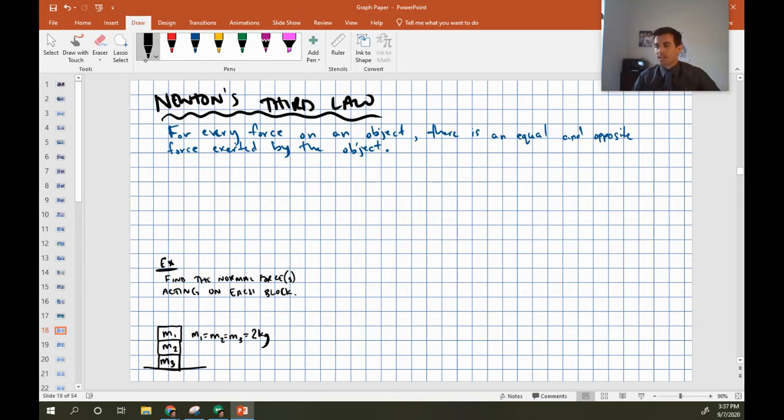So to illustrate that, let's do a quick, simple problem. Let's just go back to that apple that I had sitting on a table. Actually, it was sitting on a book or something, but whatever. We'll just put that apple on the table and let's draw the free body diagram for it. Here's my apple, here's my table. So on the apple, we have two forces. We're going to have the force of gravity acting downwards, and we're going to have the normal force acting from the table.